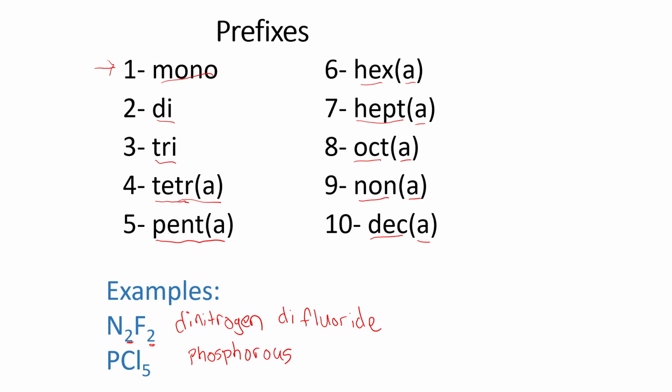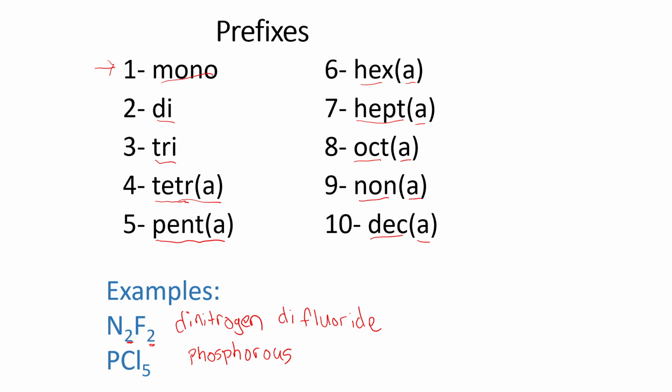Mono is the exception. Mono can only be used with the second element. 2 through 10 get used with both the first and the second element. Mono only gets used with the second. So in this case, I'm going to simply say phosphorus because that's the first element.